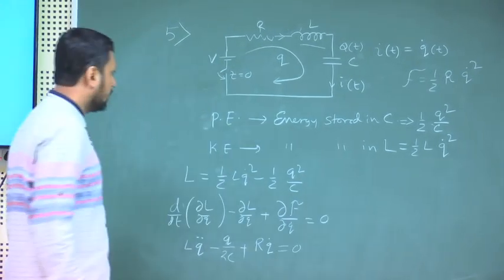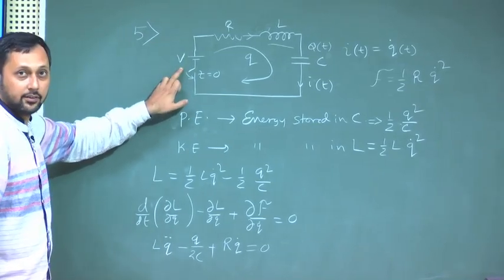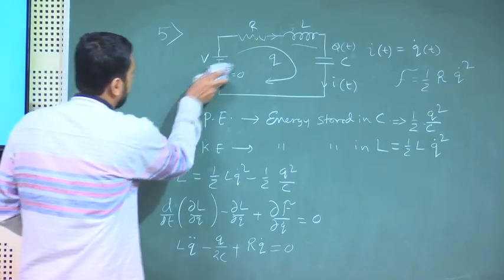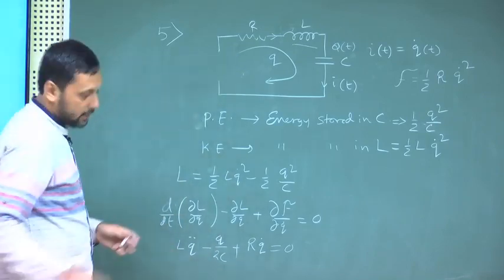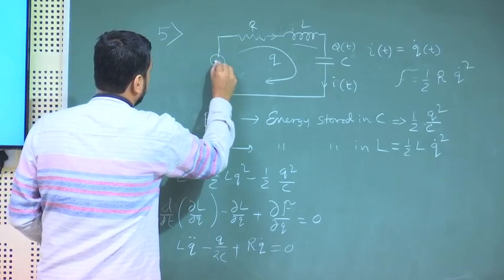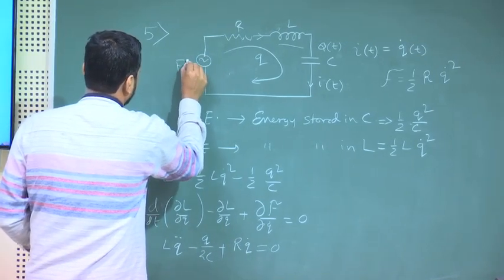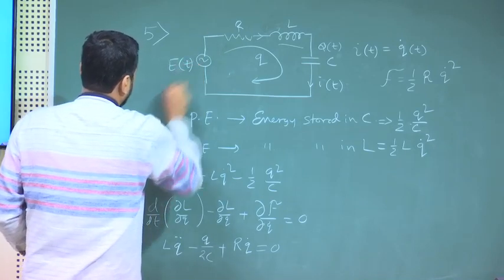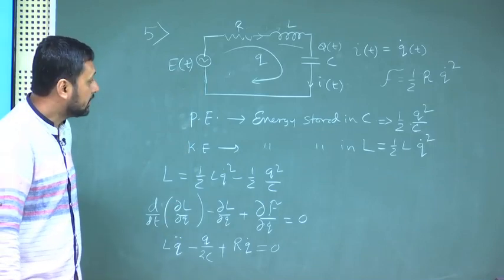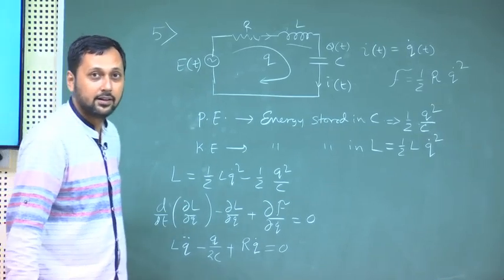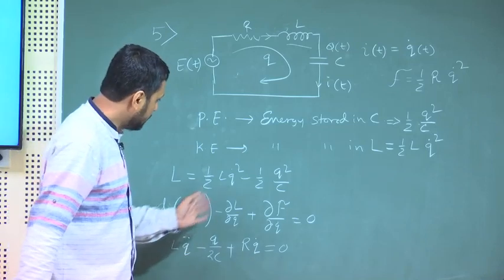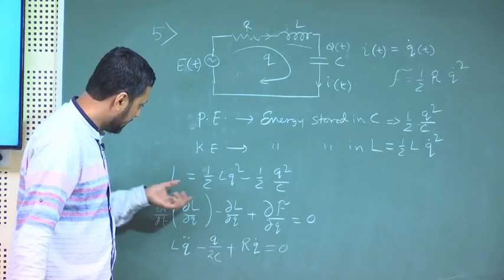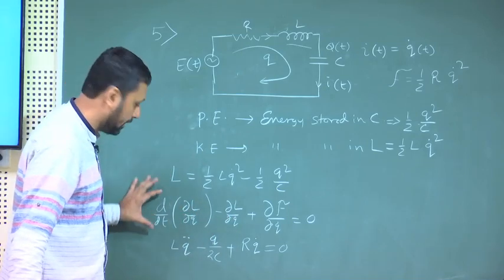Now, this is when we have a battery in the system, and the switch is closed at t equal to 0. But if we have a driving force in the system, or rather E driving potential, this is something which cannot be included in the Lagrangian at any form. But what we can do is, see, when we are writing this equation of motion, this is in the dimension of energy and these are in the dimension of forces.